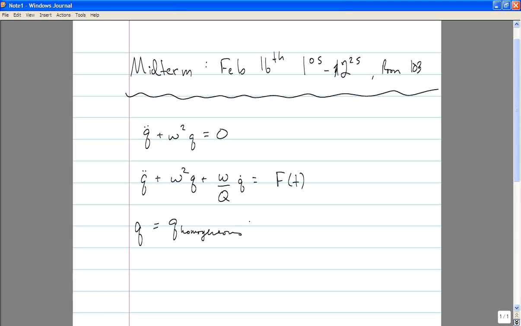And in addition, if we have a driving term, we need to add to this a particular solution to the driven differential equation. And we discussed two different ways of finding such a particular solution. The systematic way of finding a particular solution was to use Green's functions.